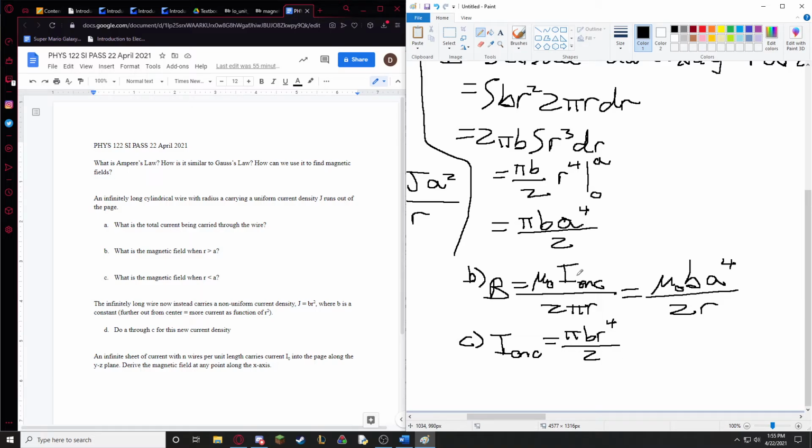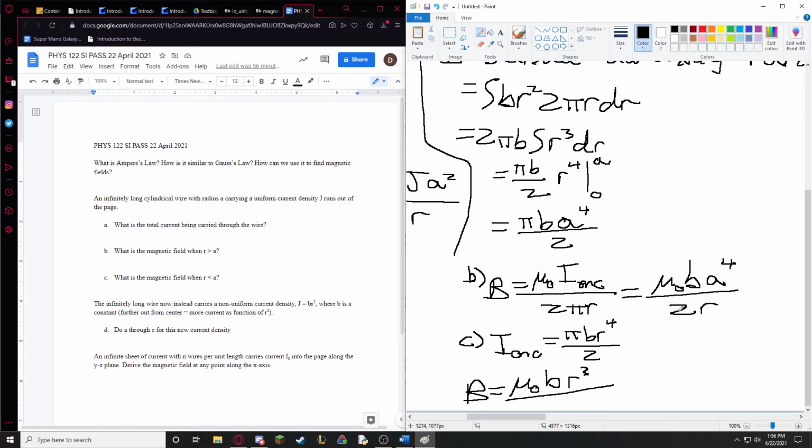And then we plug it into mu naught I enclosed over 2 pi r. We get B is equal to mu naught, pi cancels out, b r to the 4th on top, 1 r on the bottom. We have r cubed, mu naught b r cubed.